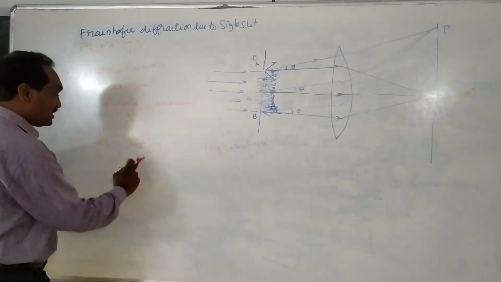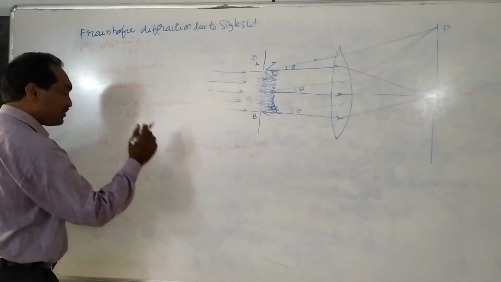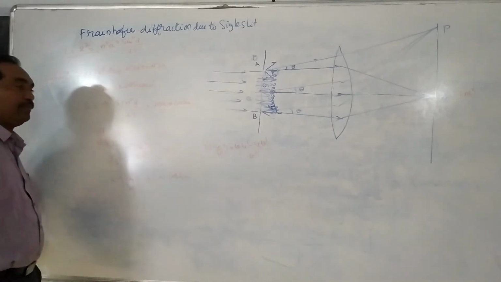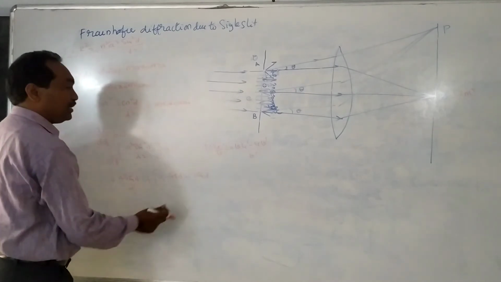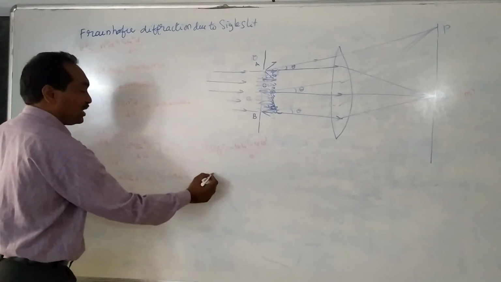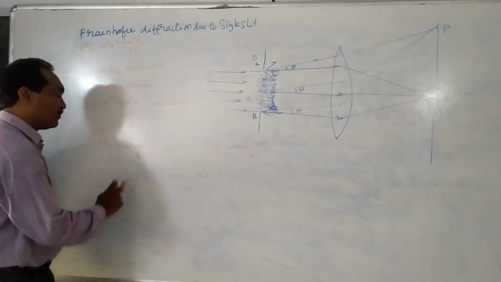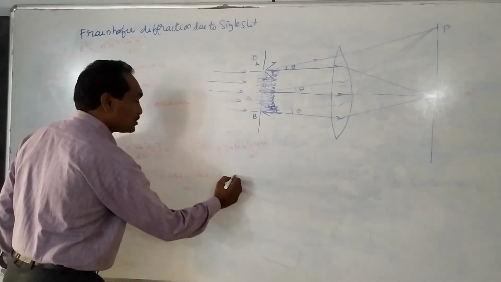V is nothing but alpha. U dash, that is differentiation of sin alpha, is cos alpha, minus u, that is sin alpha, into differentiation of alpha, which is 1, by v square, that is alpha square. Now this is equal to 0.